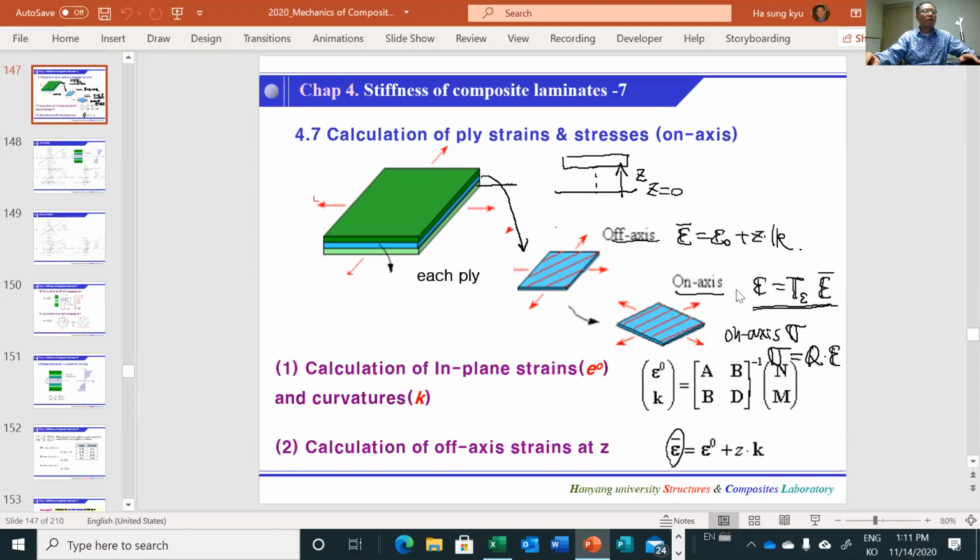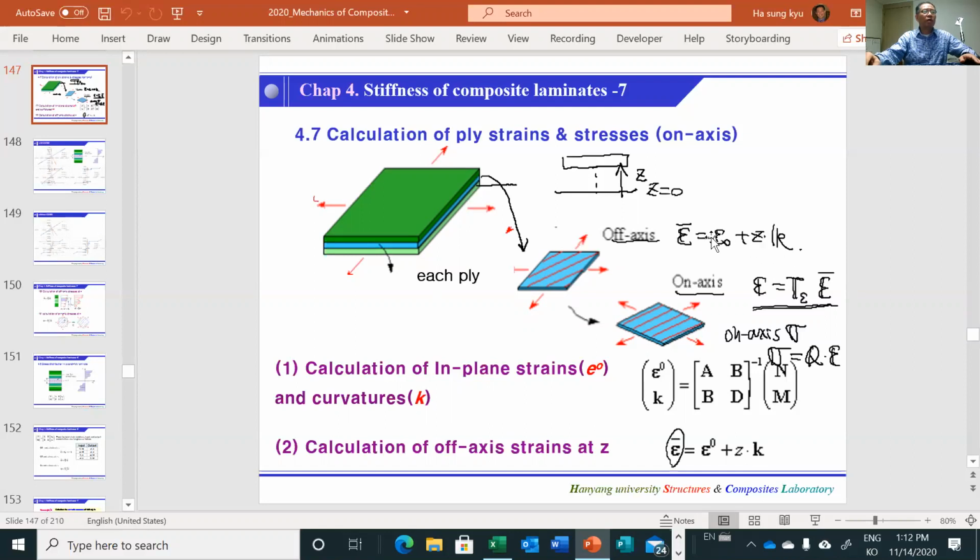And in the derivations, the very important assumption is this: the off-axis strain, or ply strain, is given in terms of the uniform strain all through the laminate, and the linear distribution by the curvatures.